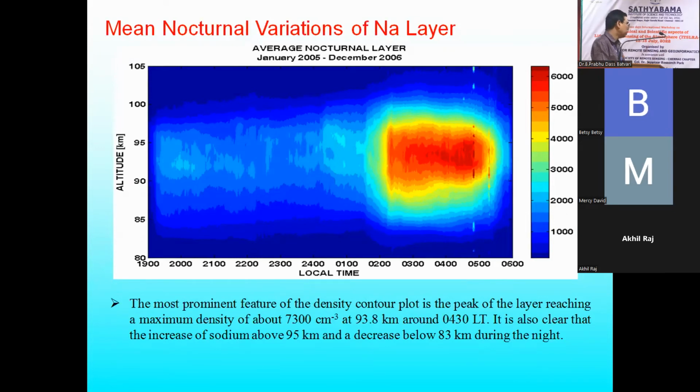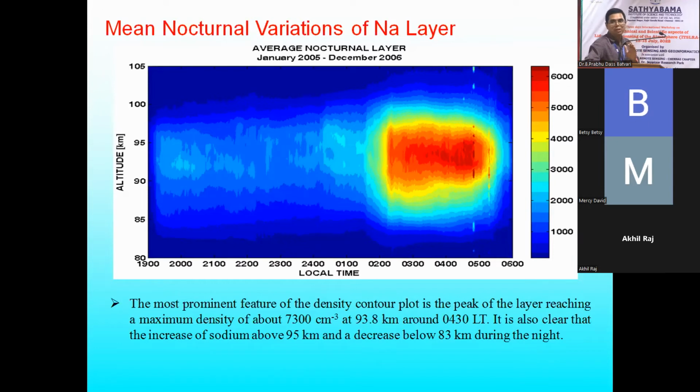Here it starts from 7 o'clock in the evening to 5 o'clock in the morning. The most dominant time, the maximum peak of the sodium, is observed in the early hours, around 4:30, where we observed 8,000 atoms per cubic centimeter.